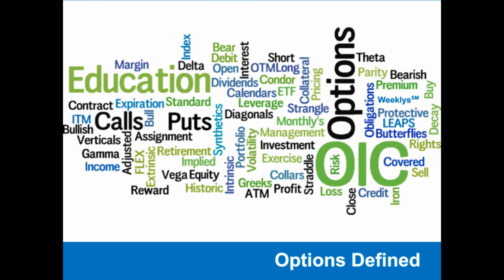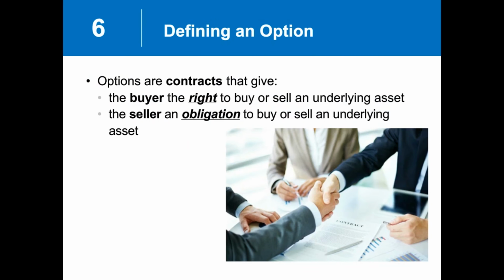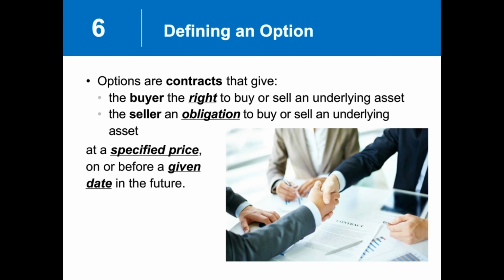The buyer of an option has the right to buy or sell stock or shares of an ETF, or it could be cash, depending on the product we're talking about. The buyers have rights, and the sellers have obligations.